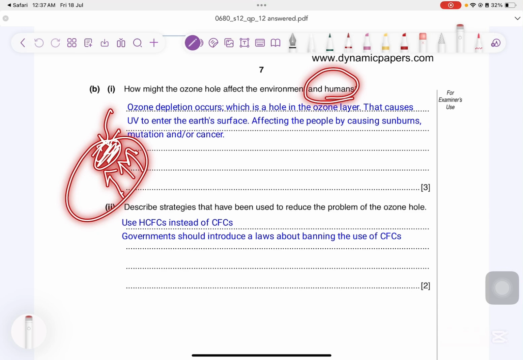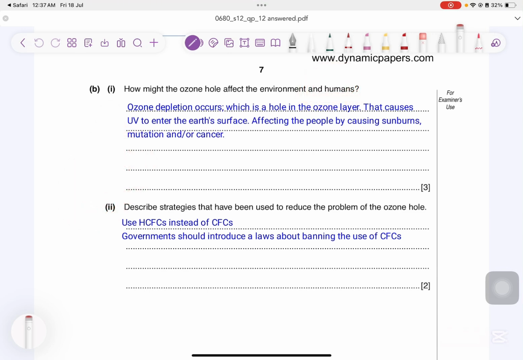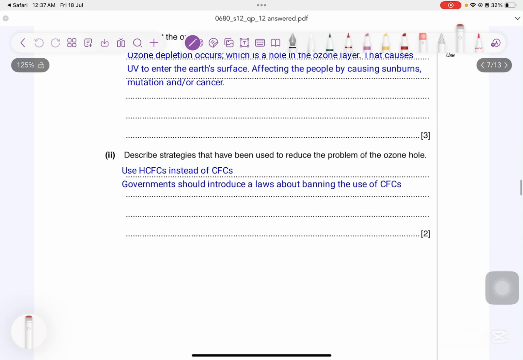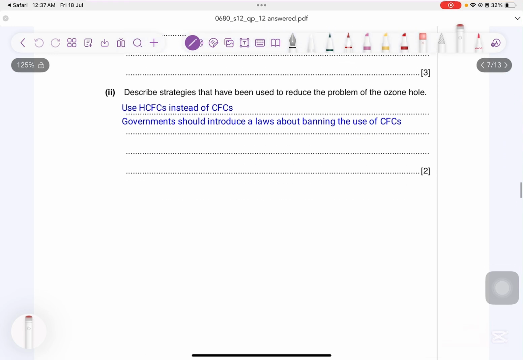So it's going to cause global warming. And that's going to cause sunburns, mutation, cancer. It's going to cause global warming effects such as melting of glaciers, increasing the sea levels, and many natural hazards.